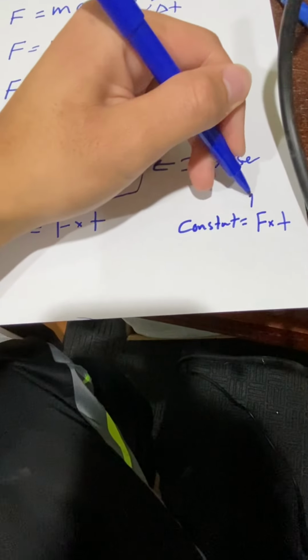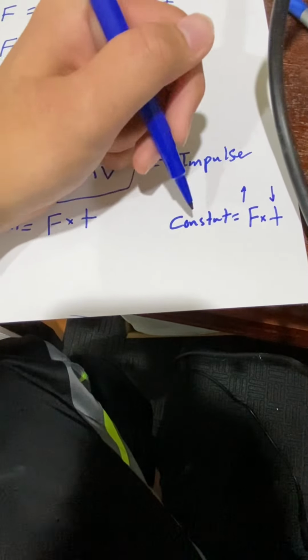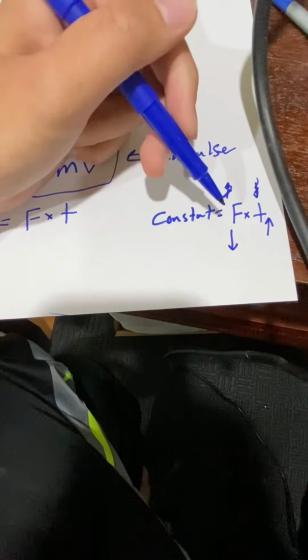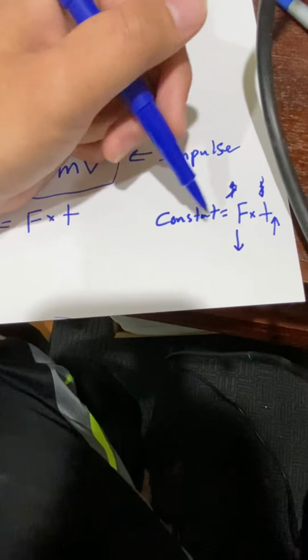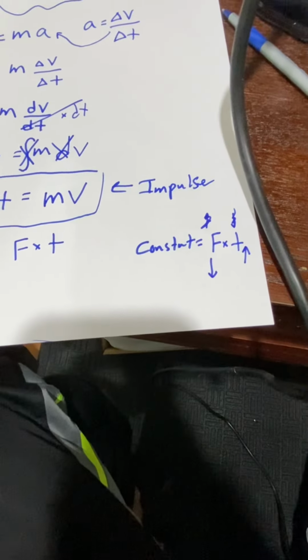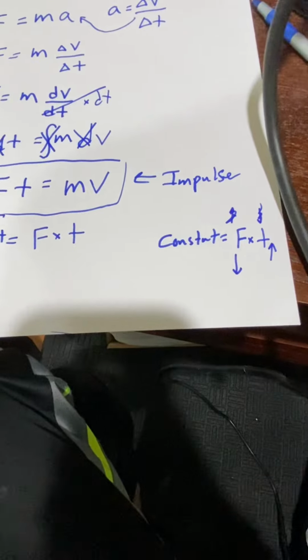If this goes up, this has to go down so that the number can stay constant. On the other hand, if this goes down, this has to go up so that the number can stay constant. So as force increases, time decreases.